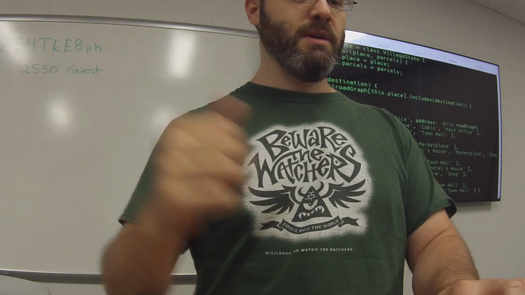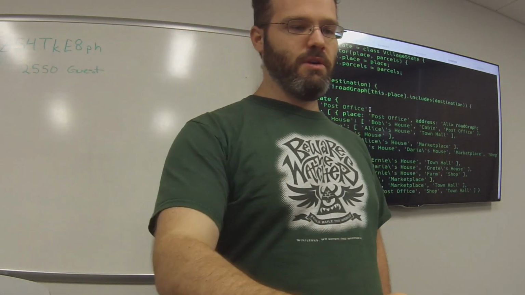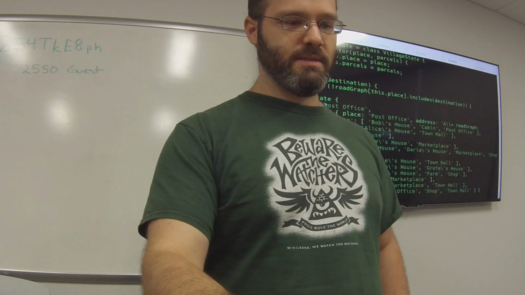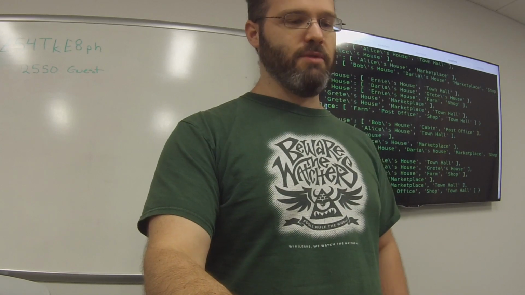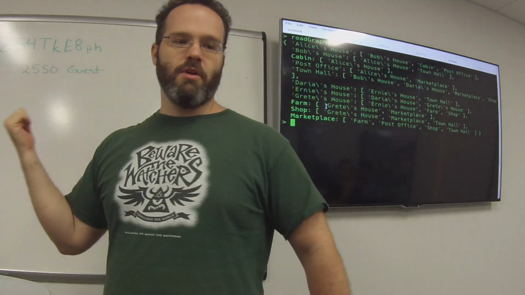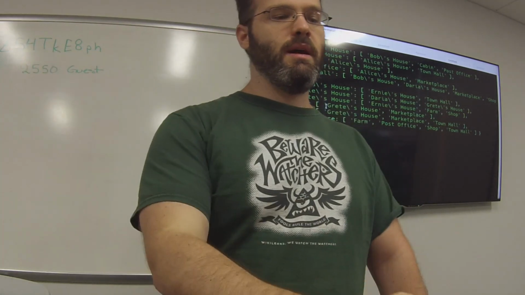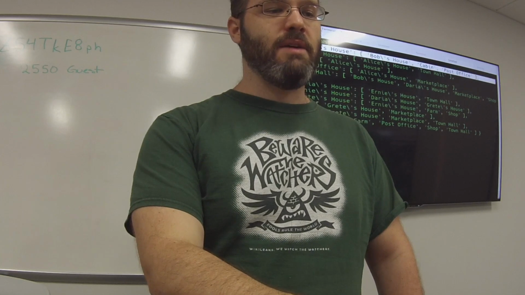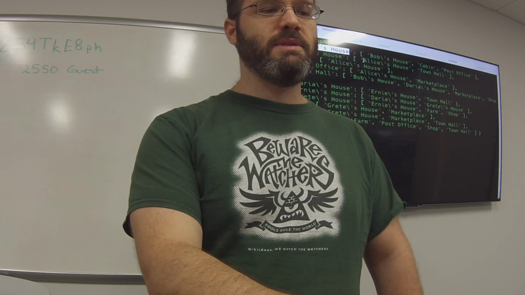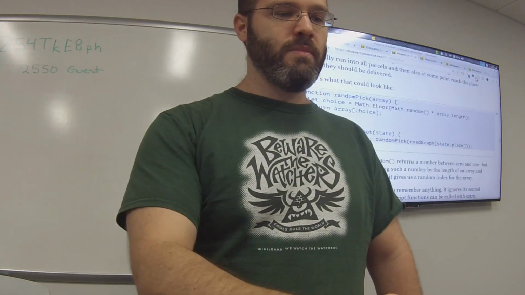Make that a little smaller. There's road graph. That's road graph right there. Road graph is an object, key value. We have here Alice's house. Alice's house has an array of places we can get to from it.